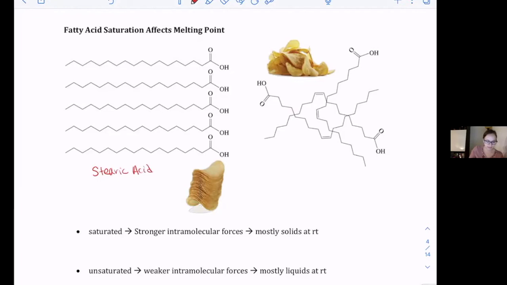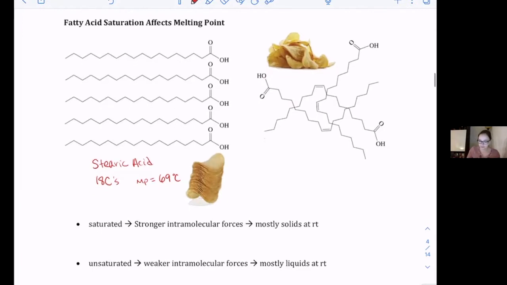It has 18 carbons, and its melting point is 69 degrees Celsius. As you notice, stearic acid is a saturated fatty acid.